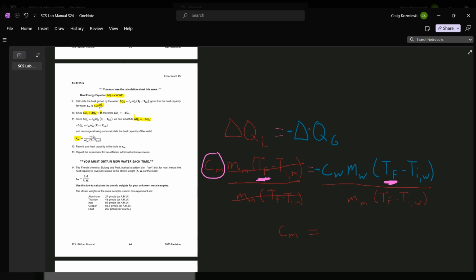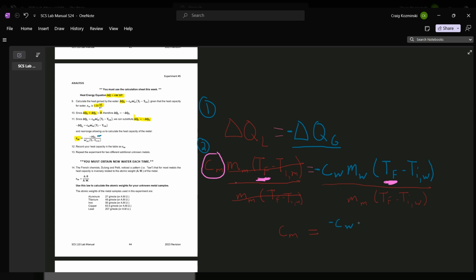So you'll notice in the first step here, I wrote delta Q G. And then in the second step, I expanded this to show you how we calculate delta QG. It's negative CW times MW times TF minus TIW. So you can either use the term that's given here as negative delta QG, or you can write it all out. I'm going to write it all out so it's obvious.